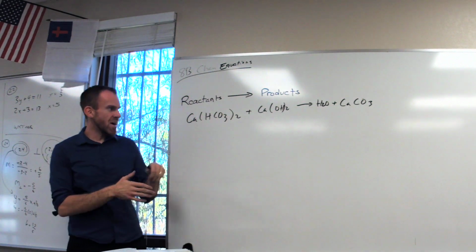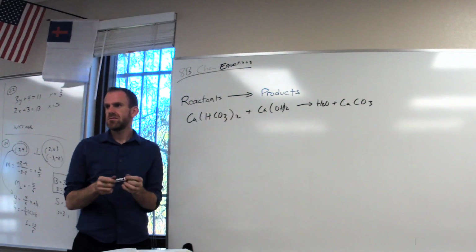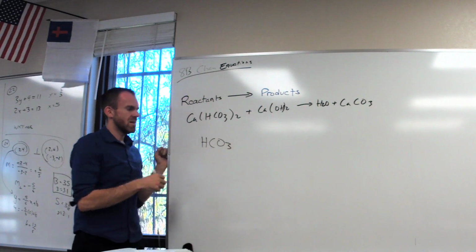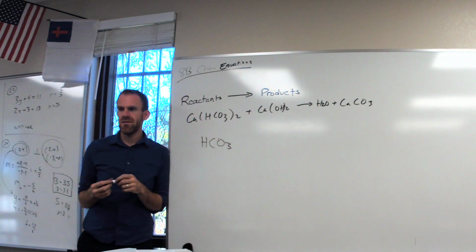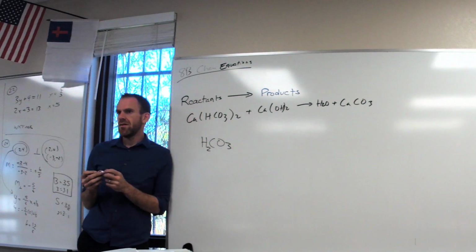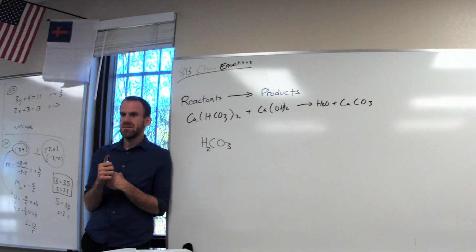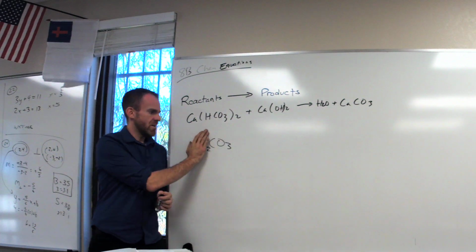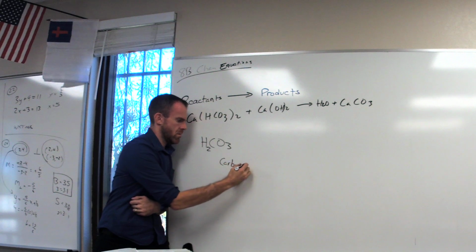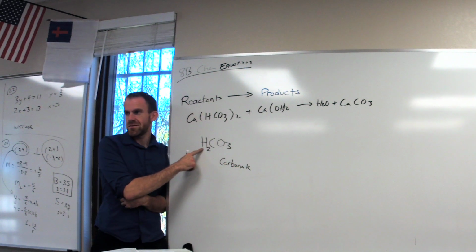And if it was just HCO3, what would it be? Remember when there's a hydrogen attached, it becomes an acid. So we have carbonate. When we add the hydrogen, it becomes carbonic acid.